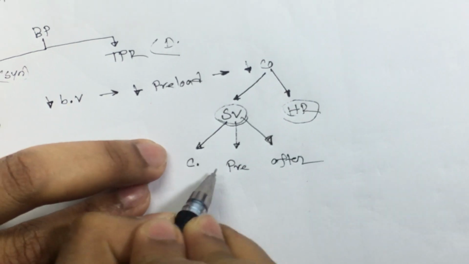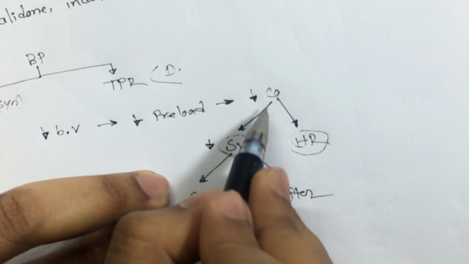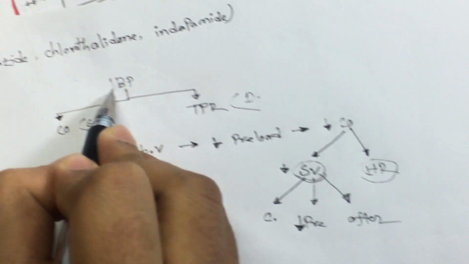Stroke volume depends on three things: contractility, preload and afterload. By using this drug we decrease the preload, so stroke volume will be decreased, cardiac output will be decreased, and blood pressure will be decreased.